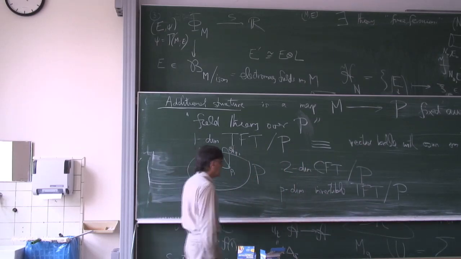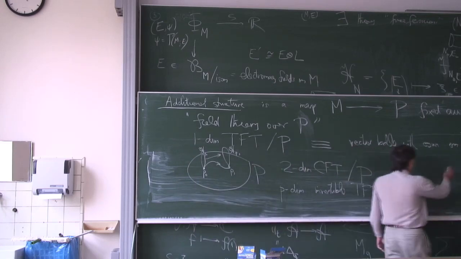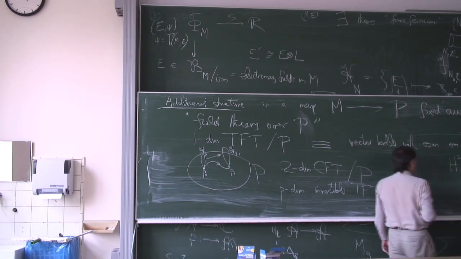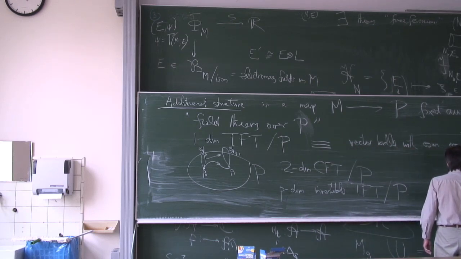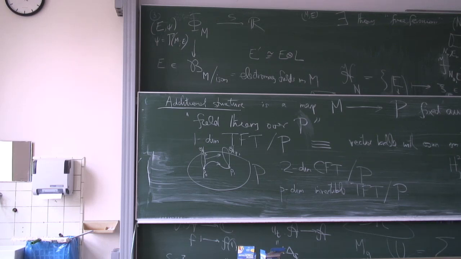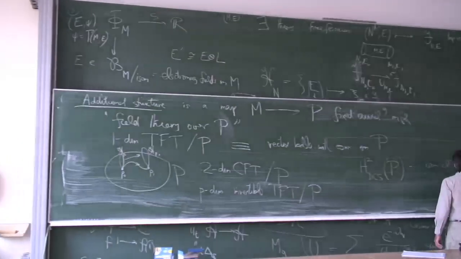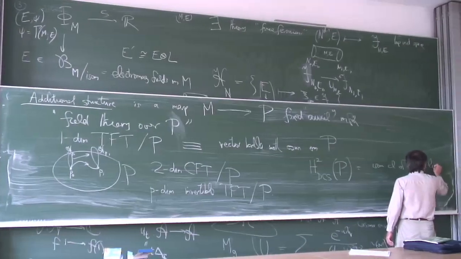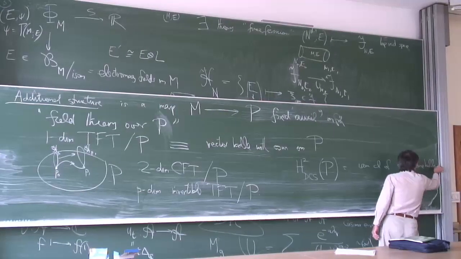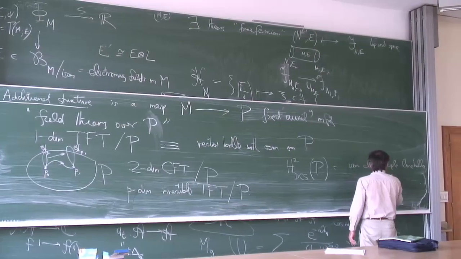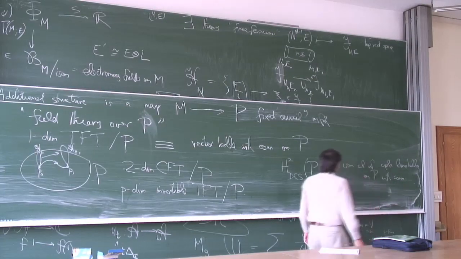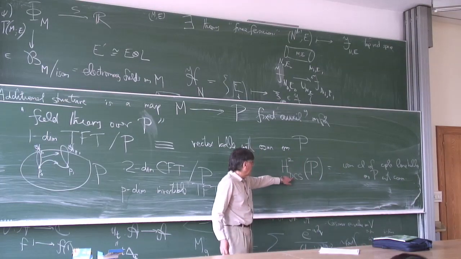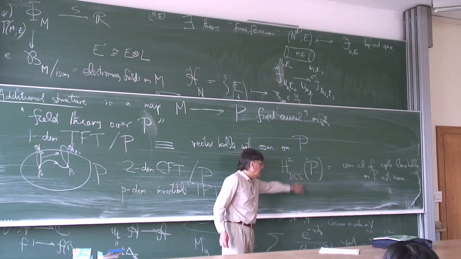The isomorphism classes of those things form what, depending on your culture, I'll write as H^2 of P in differential cohomology. So this is isomorphism classes of complex line bundles on P with connection.